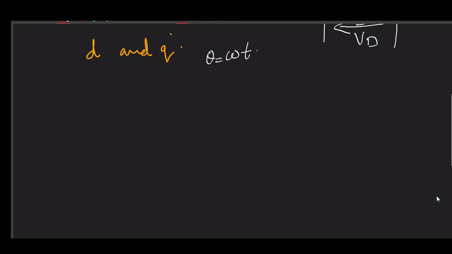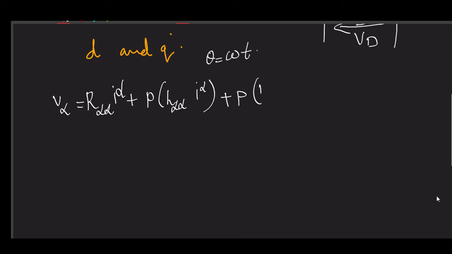Now what equations can we write? V alpha is equal to R alpha alpha I alpha plus P L alpha alpha I alpha plus P M alpha beta I beta plus P M alpha D I D. Now what about this we will discuss later.